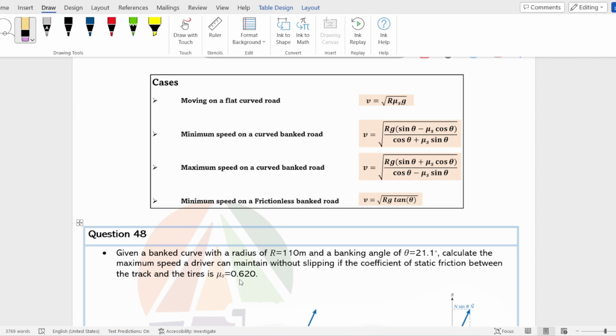So for this equation to work, اللي هي minimum speed on a curved bank road, إما بتكون عندي الزاوية عالية يعني maybe 45 degrees or something like that, or the surface has to be very smooth. يعني the coefficient of static friction has to be, for example, 0.05, 0.04.